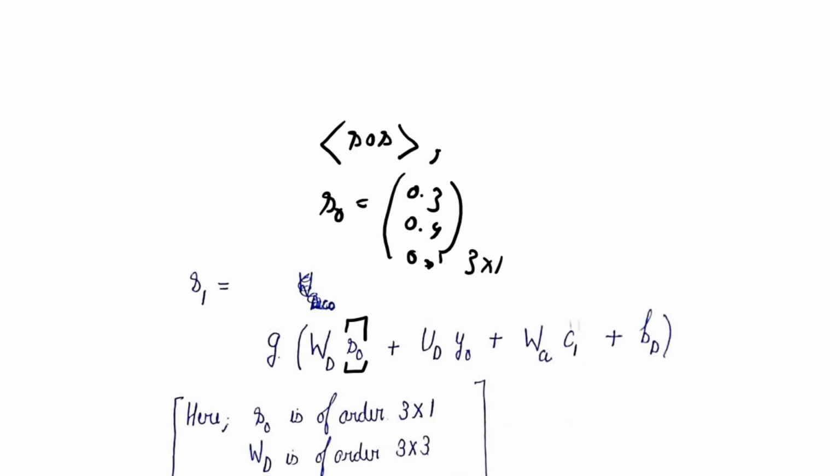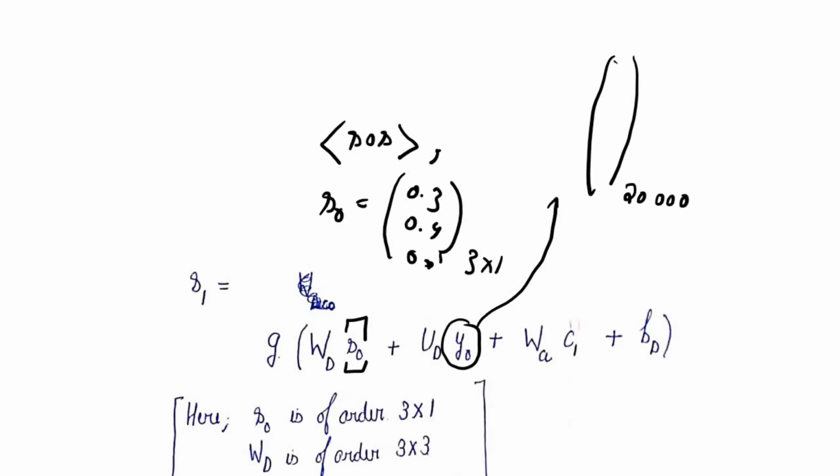And y naught is going to be again a one-hot encoded vector. Let's say the vocabulary of Hindi is 20,000, and the start of sentence is coming somewhere over here. It is 1 and 0 elsewhere. This is the start of sentence, and whenever the sentence ends, that will be the end of sentence, but that's the start of sentence.